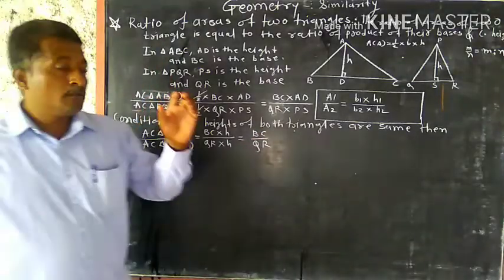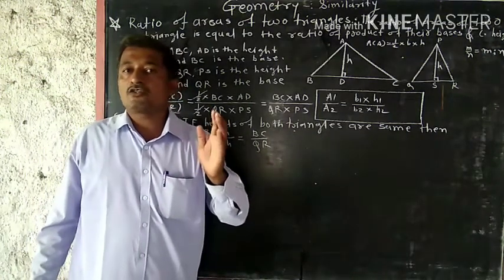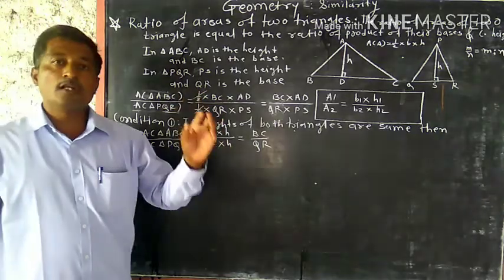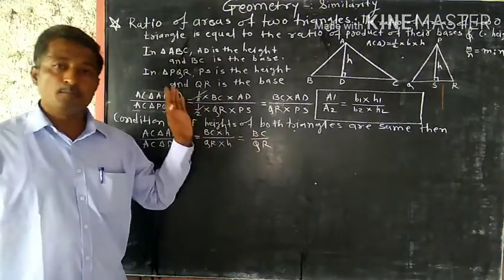Means the ratio of areas of two triangles with equal height is equal to the ratio of their corresponding bases.